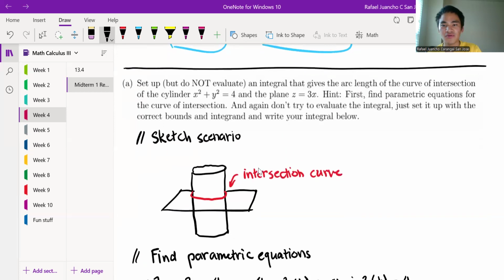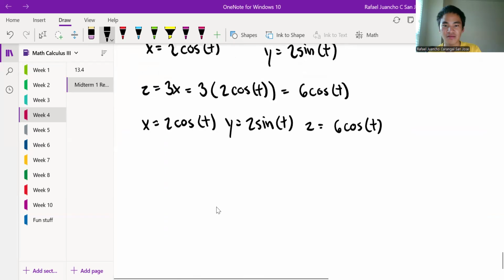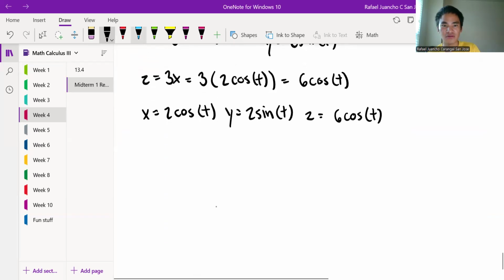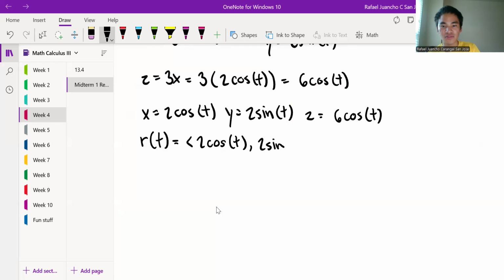Okay, and now we want to find the length of this curve, right? And so to do that, well, we need to set up a vector function of this curve. Well, we can do that. We can say, okay, well, this is just the same as, let's name it r of t, 2 cosine t, 2 sine t, 6 cosine t.